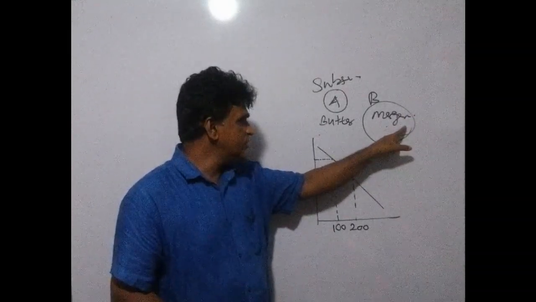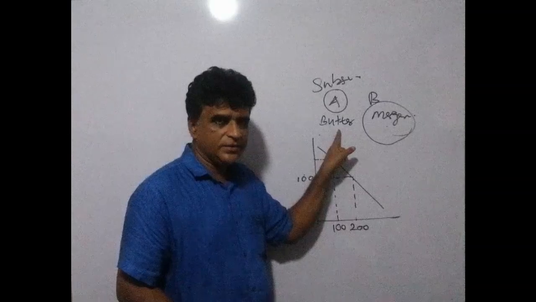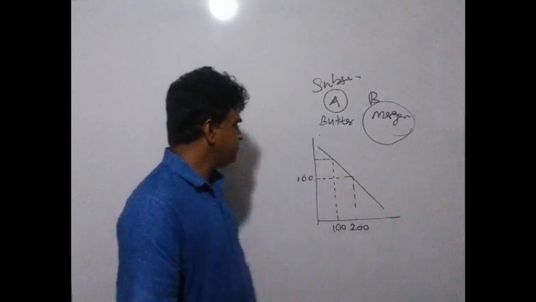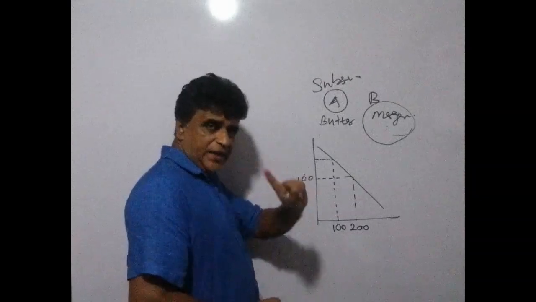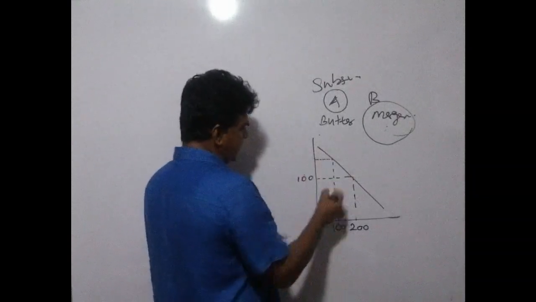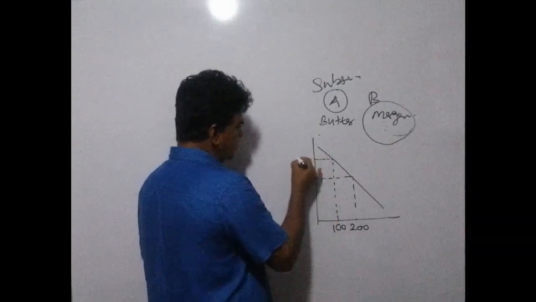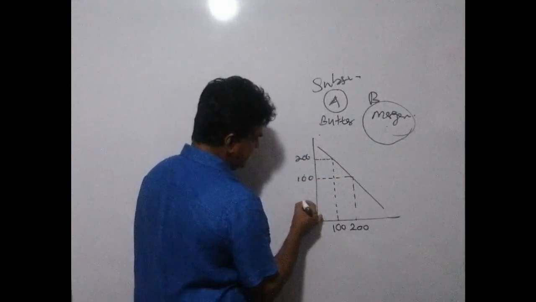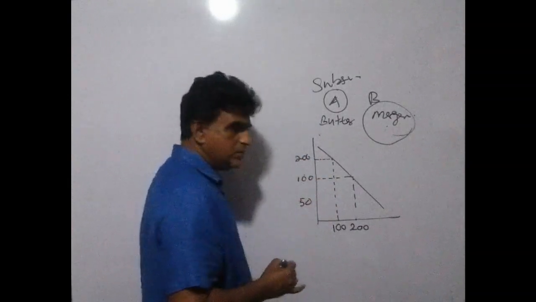They are going to use margarine instead of butter, right? We'll say this has increased to 200. Now we'll say this has decreased to 50 rupees.